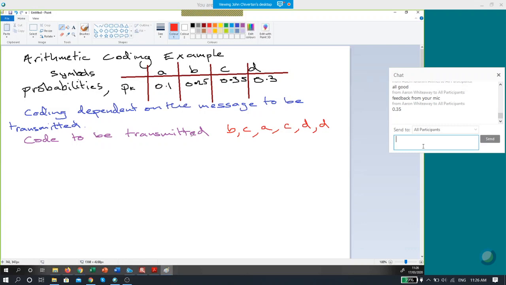The first thing we need to do now, we could have done this in the first place, is arrange or determine what we might call a set of cumulative probabilities. So this can actually be done before the message is considered.